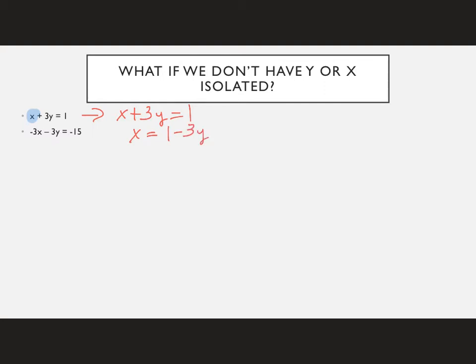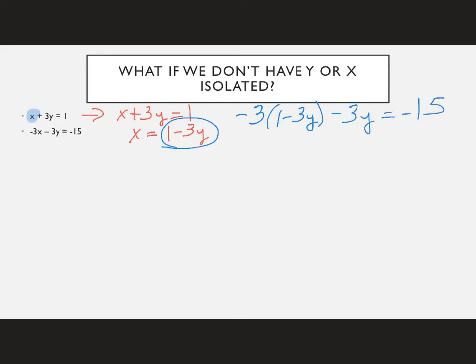Then remember, I'm using my other equation that I didn't already use. Now I'm going to come over here. I've got negative 3 times x, and this is going to be my x value right here, 1 minus 3y, minus 3y equals negative 15.